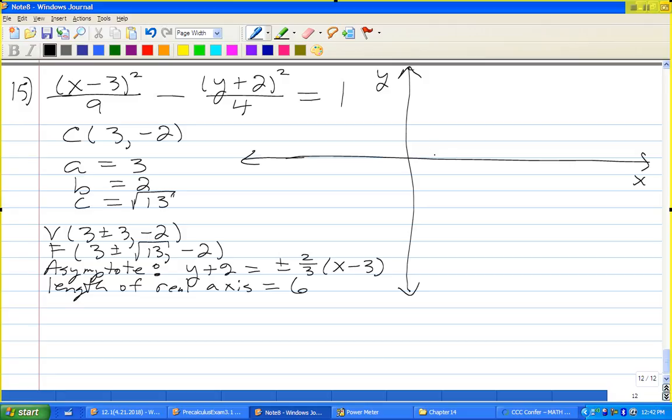So the center is at 3, negative 2. 3 in the x, two in the y. So that gives me my bounding rectangle. Let's draw the diagonal.